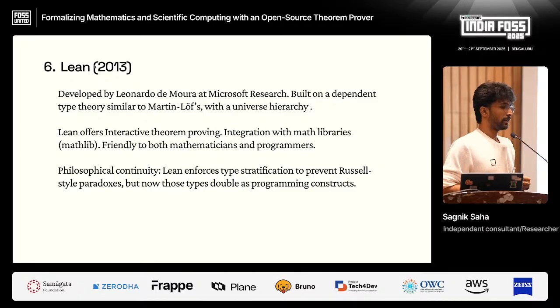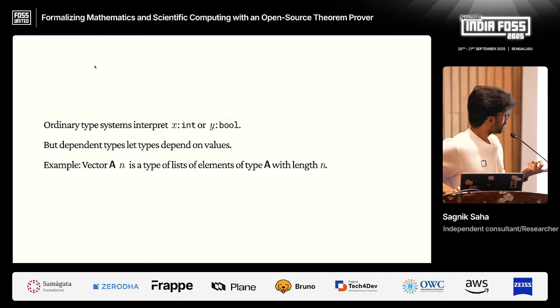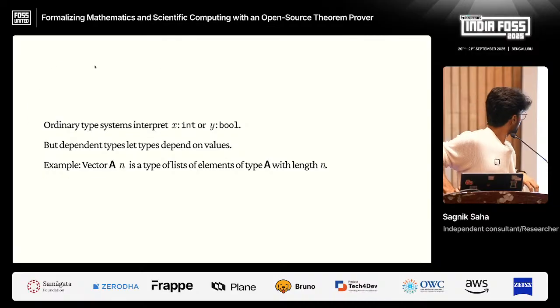That makes proving theorems inside a compiler much more interactive, and it becomes friendly to not only programmers but also mathematicians. Now, in ordinary type systems, we interpret variables as integers or booleans. But in dependent types, which Lean uses, we can have types depend on values.